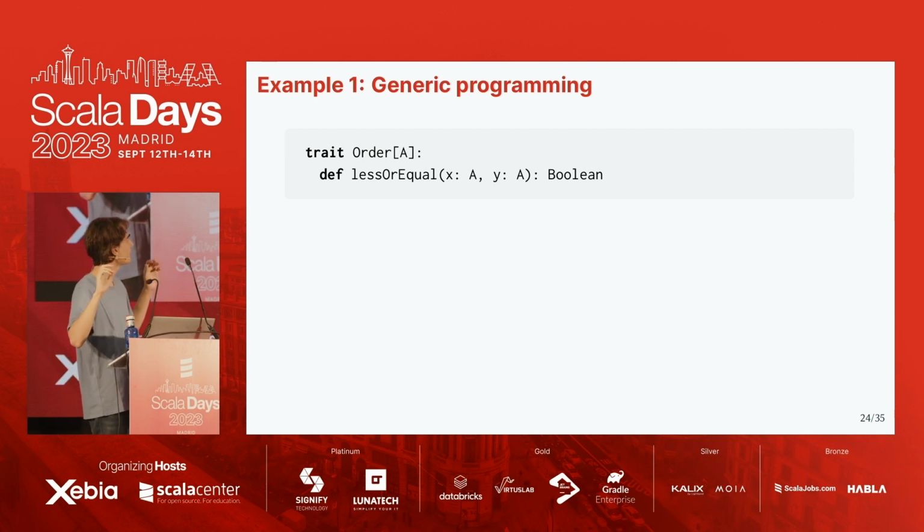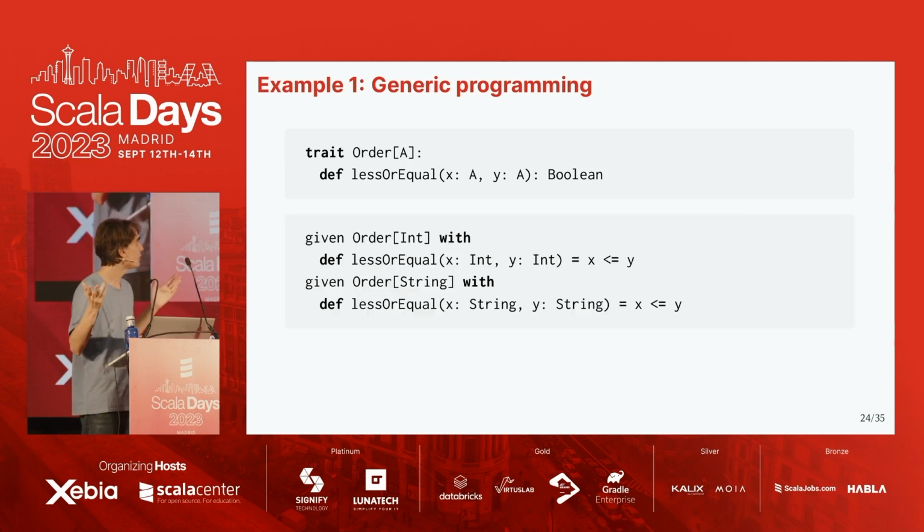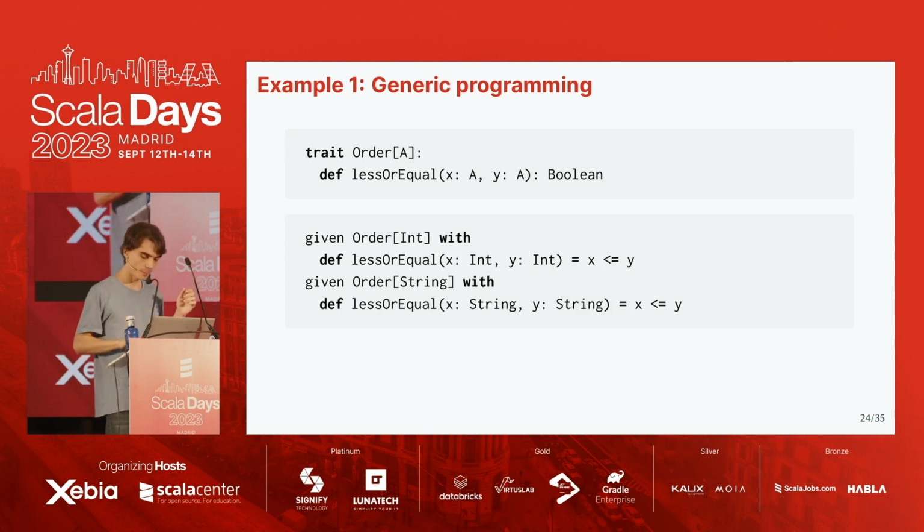So I'm going to start with a type class. Here the type class defines a method to tell you if x is less than or equal to y. You could define an instance for ints and say x is less than or equal to y, using the built-in less than or equal on Int, and the same for String.